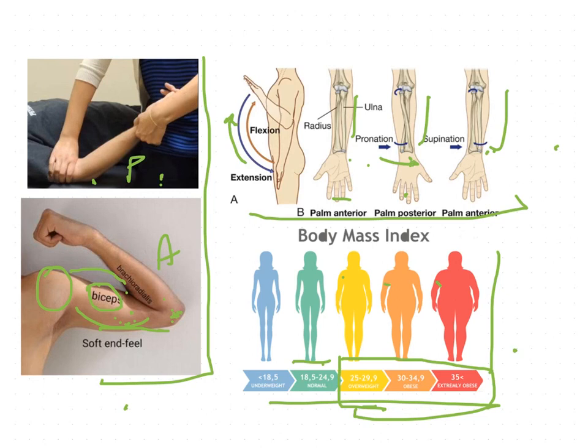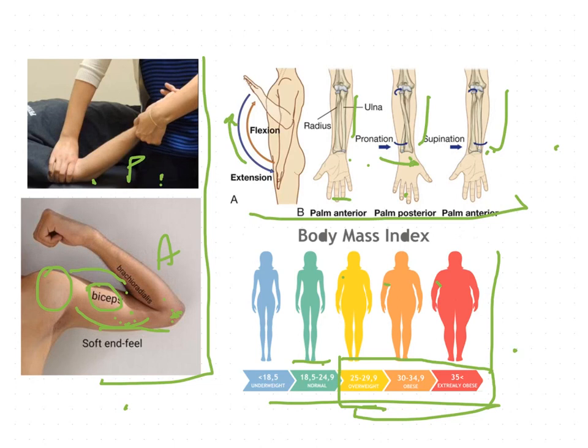For every increase in weight, there is a 2 to 3 degree decrease in the elbow range of motion. A BMI Z score of 5.6 would limit the elbow range of motion by 11 degrees to 17 degrees. So that one is the maximum.